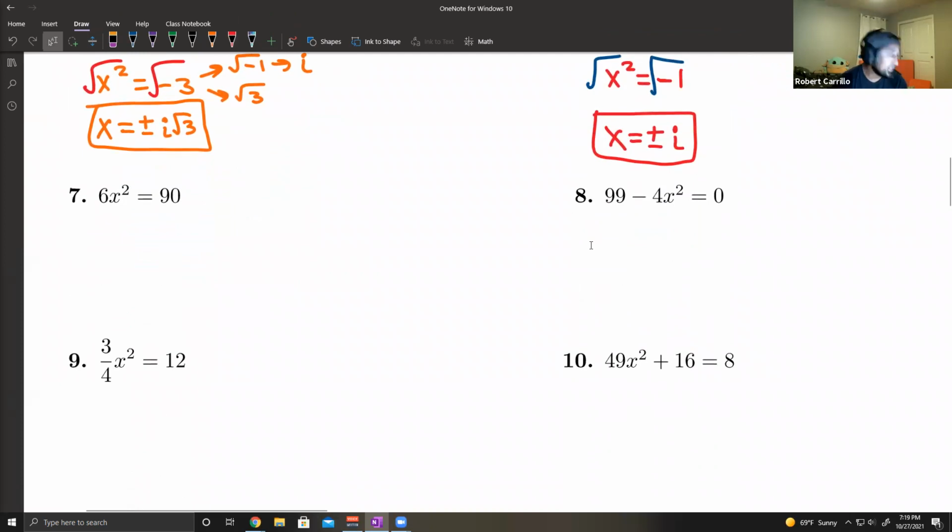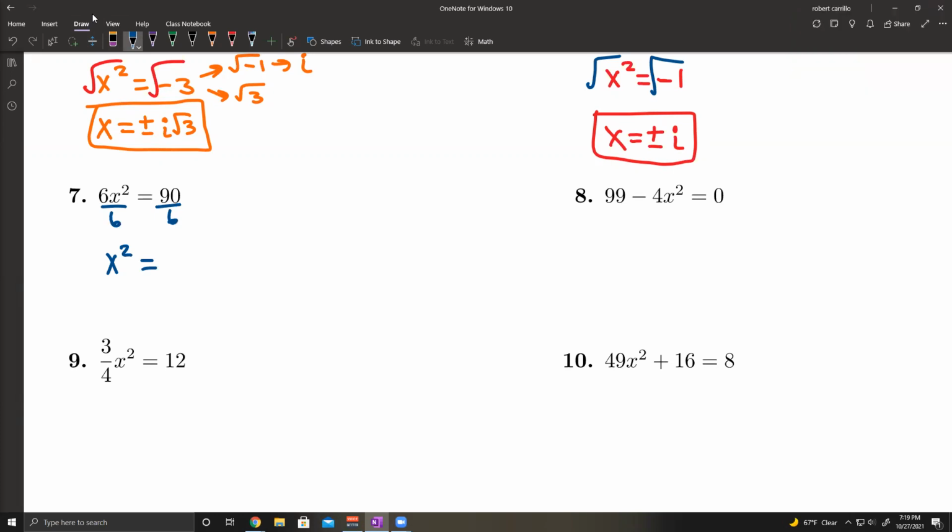All right. 7. 6x squared equal to 90. Okay. So of course we want x squared by itself. So this means the first thing we're going to do is divide by 6. And what is 90 divided by 6? 15.